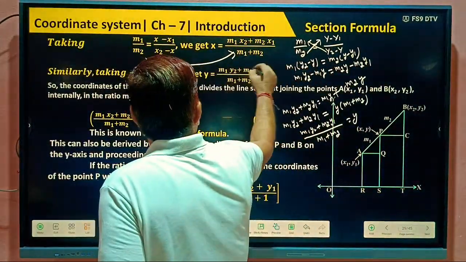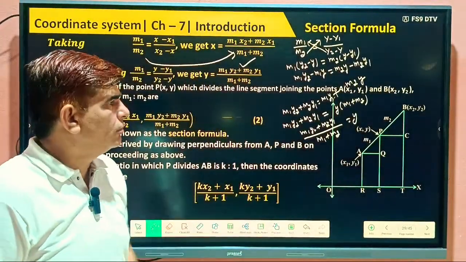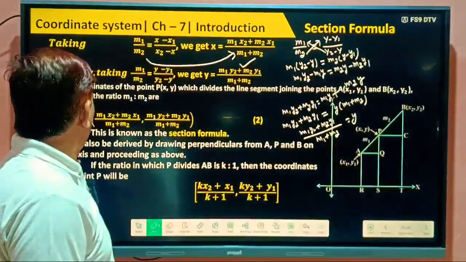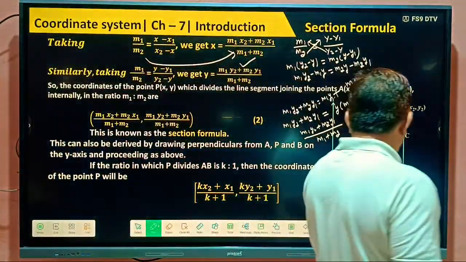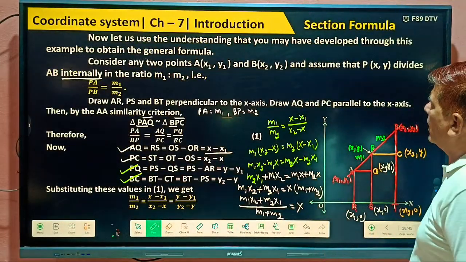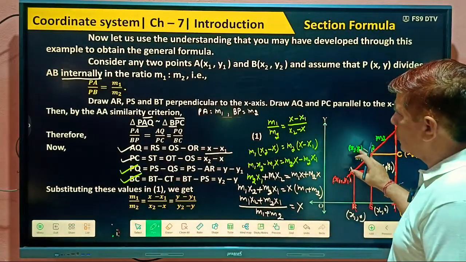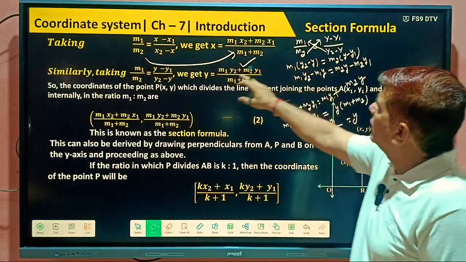Where is it written? This is written. This is the solution I told you. Got this or not? So what are the coordinates of this point P? The x value I told you, and the y value is this.